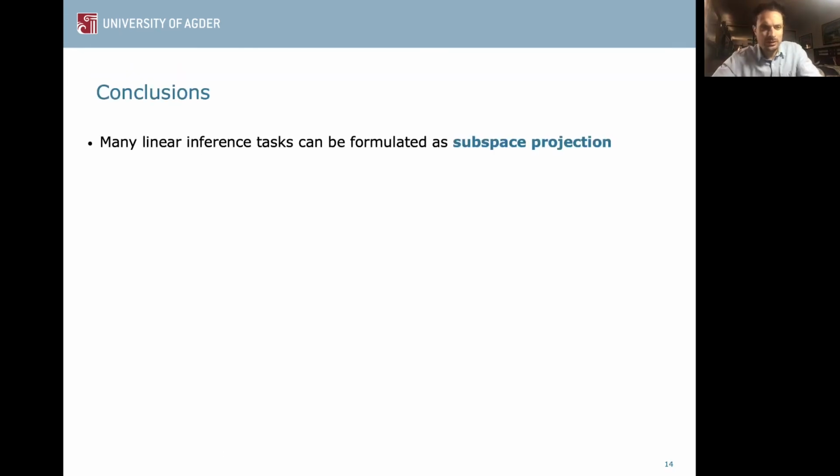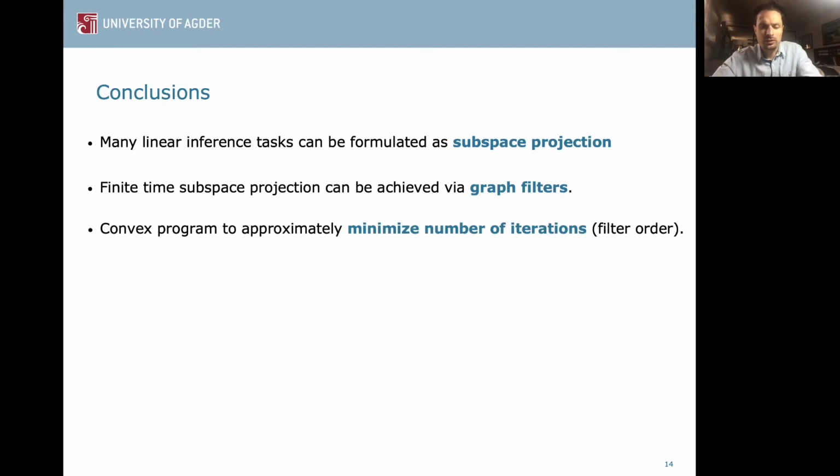So just to wrap up, we said that many inference tasks can be posed as a subspace projection problem, and this subspace projection can be obtained in a decentralized fashion using graph filters. So here we try to minimize the number of local exchanges needed to obtain those subspace projections using graph filters, both exactly and approximately.